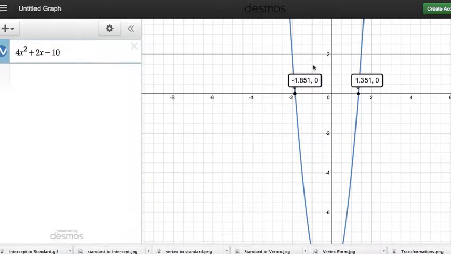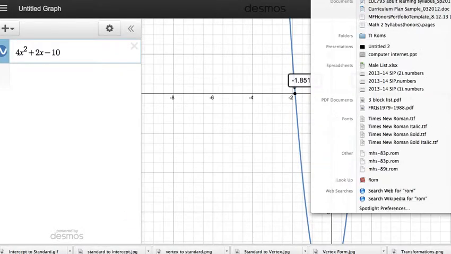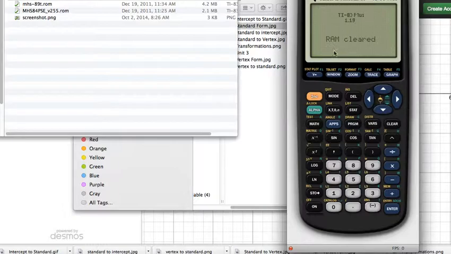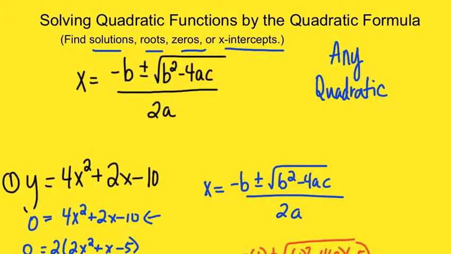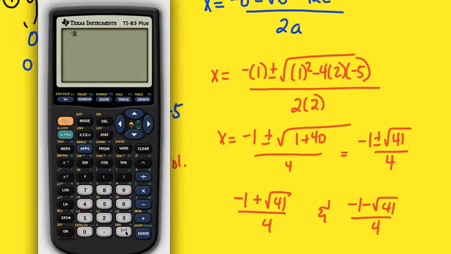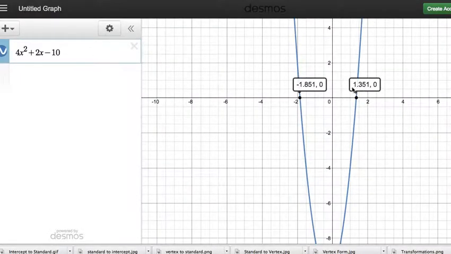Now if we pull the calculator up here, you can see that if I put in one of those numbers, so negative 1 plus the square root of 41, I'm going to hit enter there and then divide by 4. I get 1.35, which here is 1.35. So that's the approximate x-intercept of that graph.